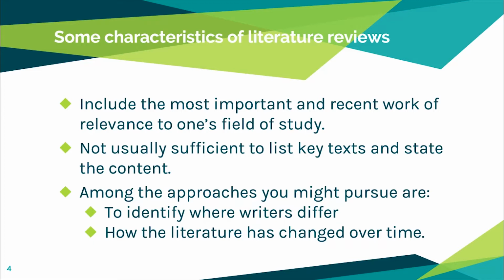Okay, so basically the aim of writing a literature review is to identify the differences between different authors in the same field of study and how the knowledge, the literature has changed gradually over time. That marks a really significant point.